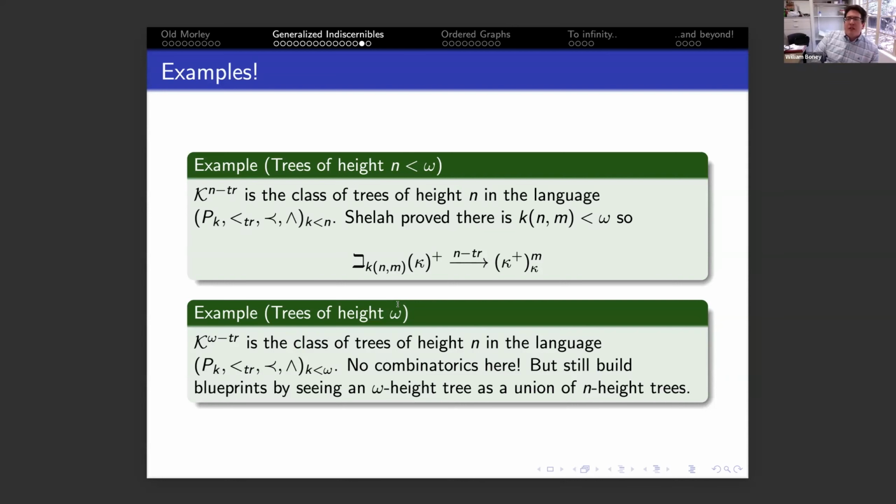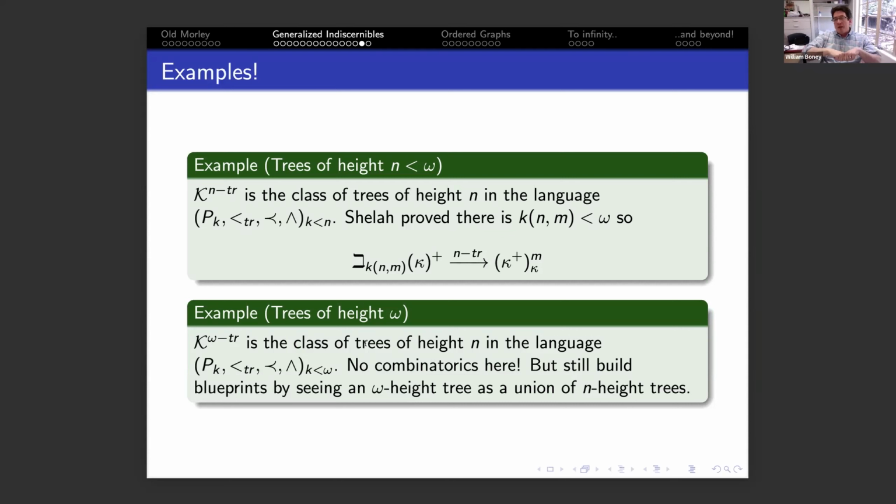So one of the interesting things is, I'm talking all about these structural partition relations. But again, the goal in my mind as a model theorist is not the structural partition relations specifically, but using them to build these blueprints. And so if you move from finite height to height omega, there's no combinatorial partition relation here. But for this original goal of trying to build blueprints, you can still build blueprints indexed by trees of height omega by taking every tree of height omega and writing it as a union of n-height trees.